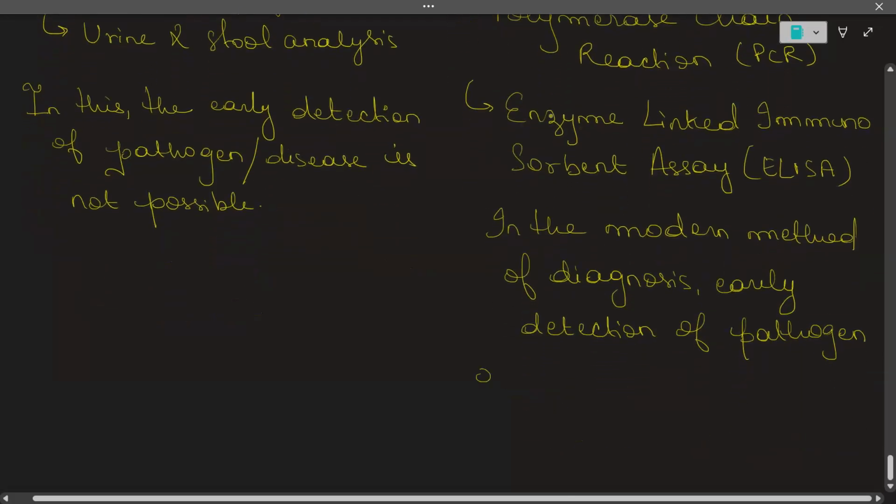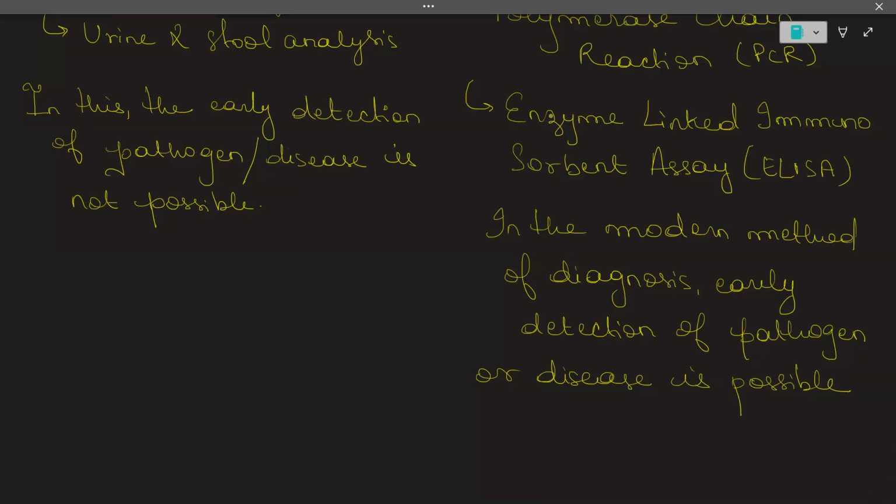Early detection of pathogen or disease is possible because now we are playing at the gene level, right? And whenever we are at the gene level, we can see if there is any problematic area, if there is something that is going to trouble the human being, all in all. So in this case, the early detection, the early diagnosis is possible.